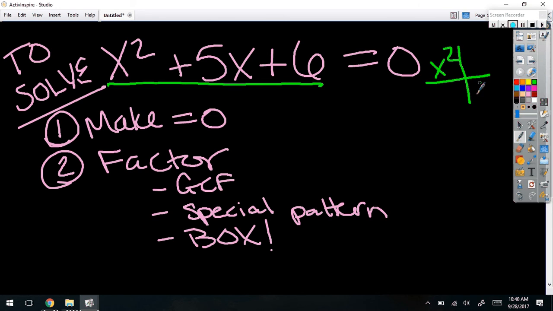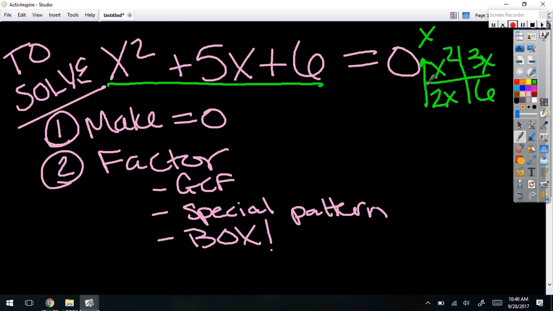X squared and 6. This is the same. We've been using this trinomial quite a bit. What multiplies to 6 but adds to 5? 2 and 3. What's the GCF here? And I'm running through factoring a little bit fast here because that's not what I want to focus on at this point. Well, this doesn't have anything in front. It's just 1.